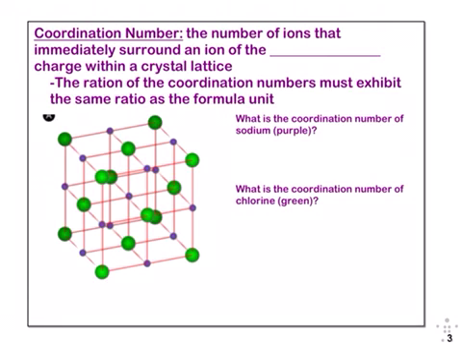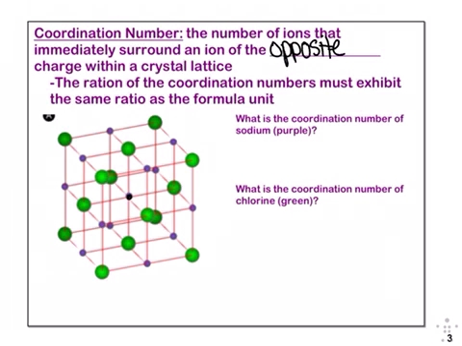When we look at these structures, they sometimes like to assign coordination numbers to an ion. This is the number of ions that immediately surround an ion of the opposite charge. The ratio of coordination numbers must exhibit the same ratio as the formula unit. To figure out the coordination number of sodium, shown here in purple, you would look at how many greens, or chlorines, are bonded to it.